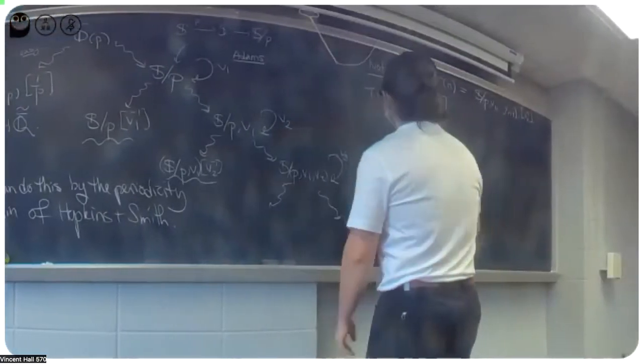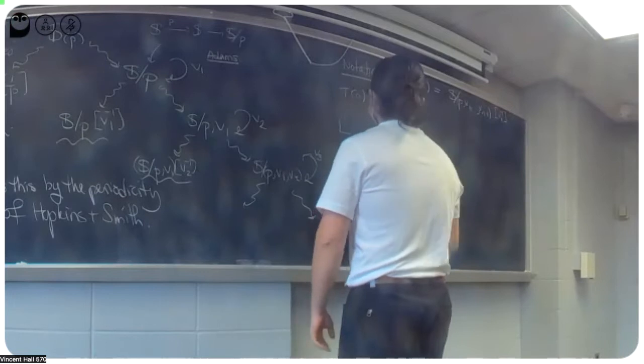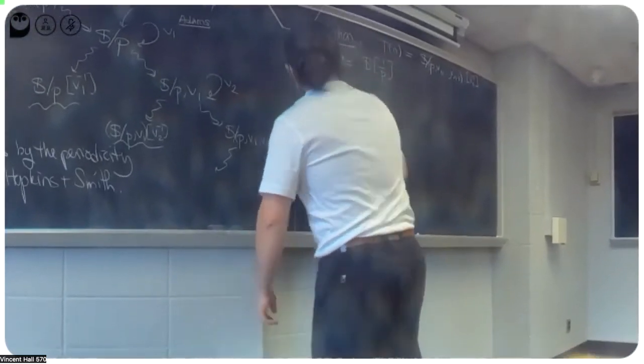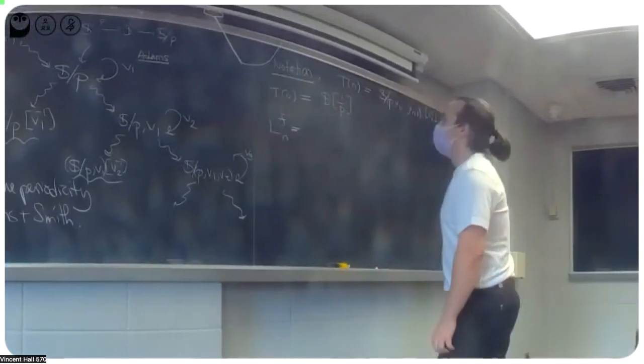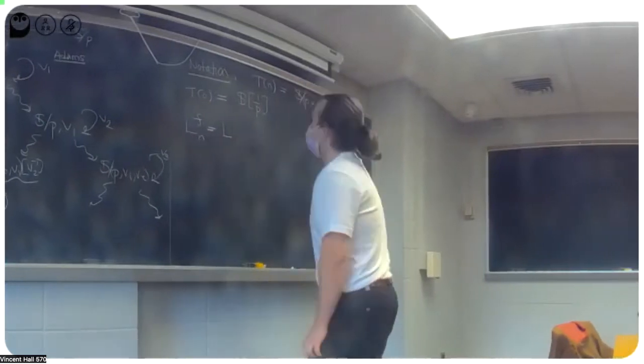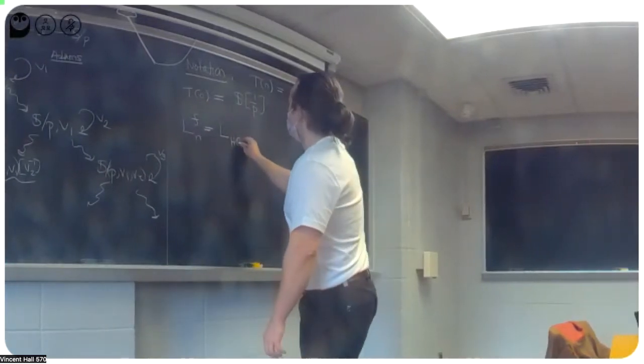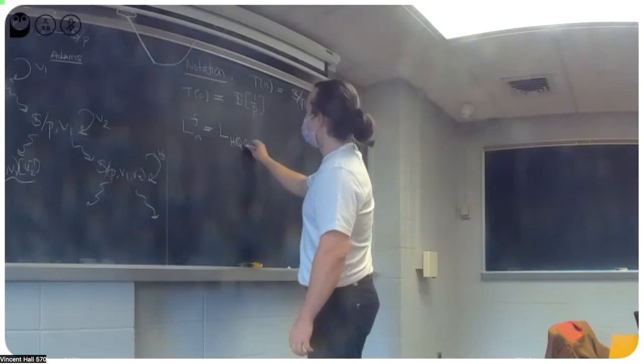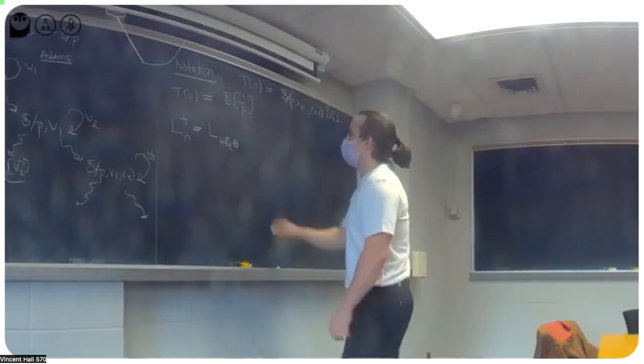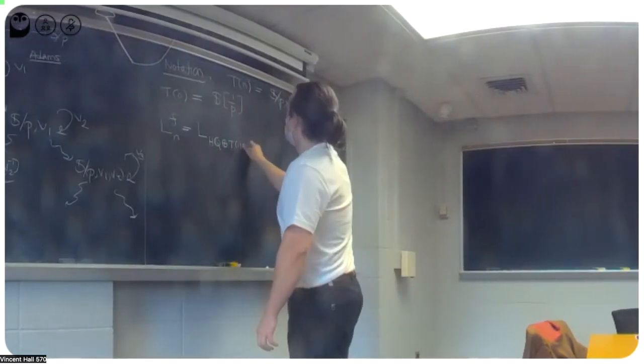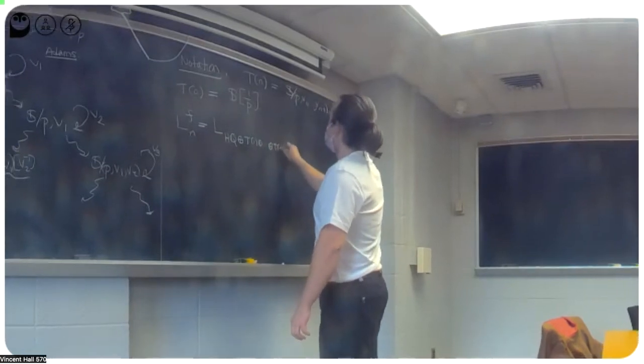So I want to write LnF. This is the finite localization, this is the Bousfield localization, where you localize at this wedge of spectra, you localize at the rationals, and then you localize at T1 up to Tn.